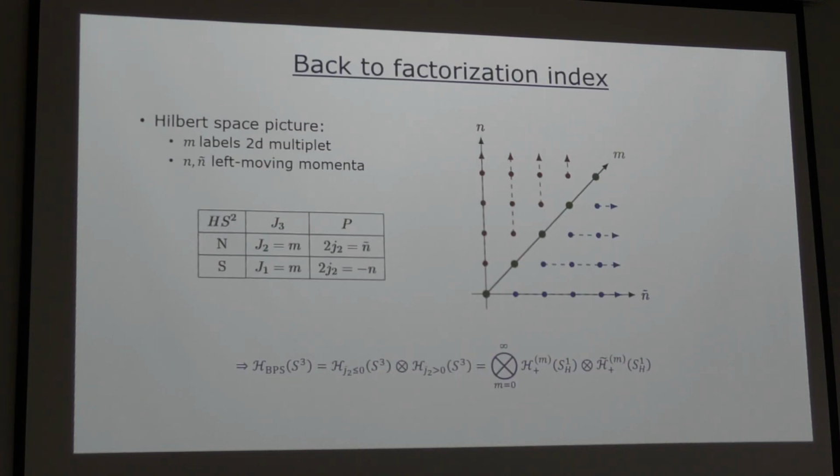So what is the picture here? The picture is that in terms of this single letter Hilbert space, the two-dimensional picture of it is that as I move along the diagonal, I label which 2D multiplet I'm looking at, and then the states that go on top of that, either vertically on top or horizontally to the right, correspond to the descendants of these multiplets that contribute to the elliptic genus.